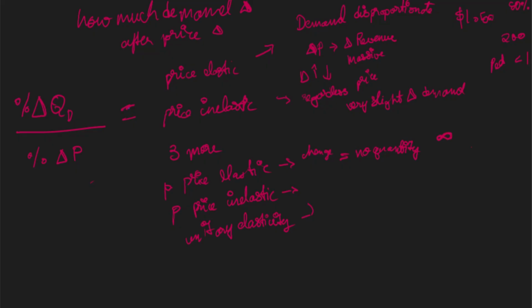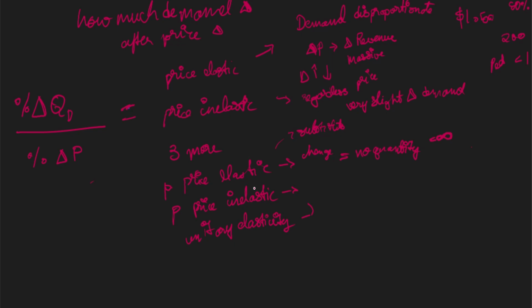Your price elasticity of demand is equal to infinity. That is when you're perfectly price elastic, and there is no quantity demanded in any change in price. So price is the same, and there's an infinite demand. Basically, this would happen if a change in price would mean that everyone decides to buy a substitute.